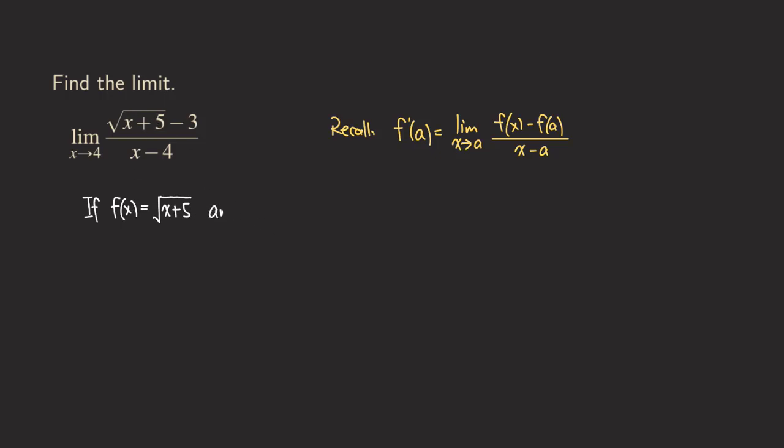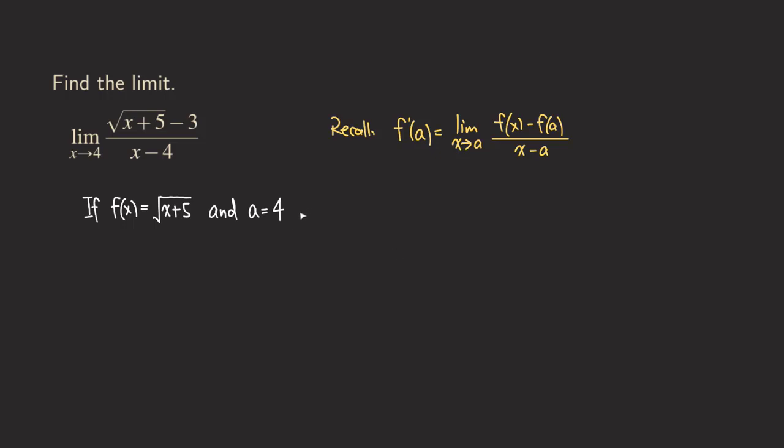Now, you may say, how do we determine the a? If you just look at this here, x is approaching 4, so let's say that a is 4. So x is approaching a, x is approaching the 4.